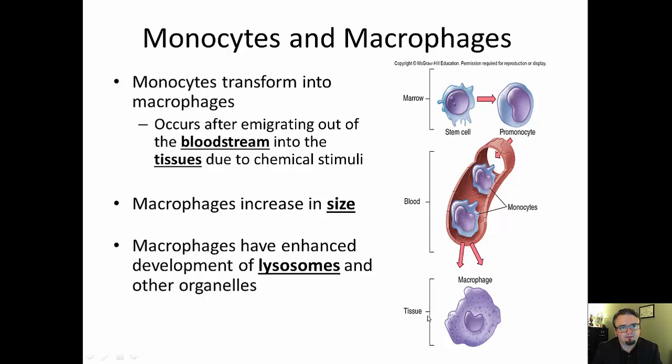These are kind of like elite cells. You can almost think of a monocyte as like a cell in training to become an elite cell, and the macrophage is that cell at the end of that elite training. So macrophages are somewhat differentiated by the fact that they're no longer in the bloodstream, they're found in the tissue. They're larger in size, and they have an enhanced development of lysosomes, primarily, though also other organelles like peroxisomes.